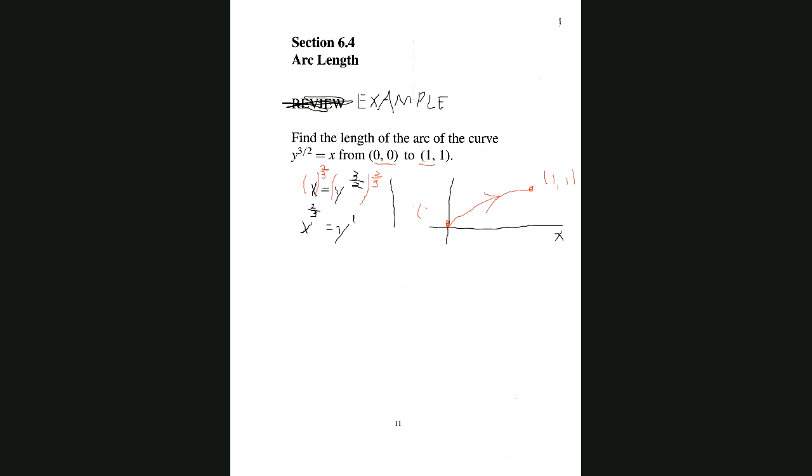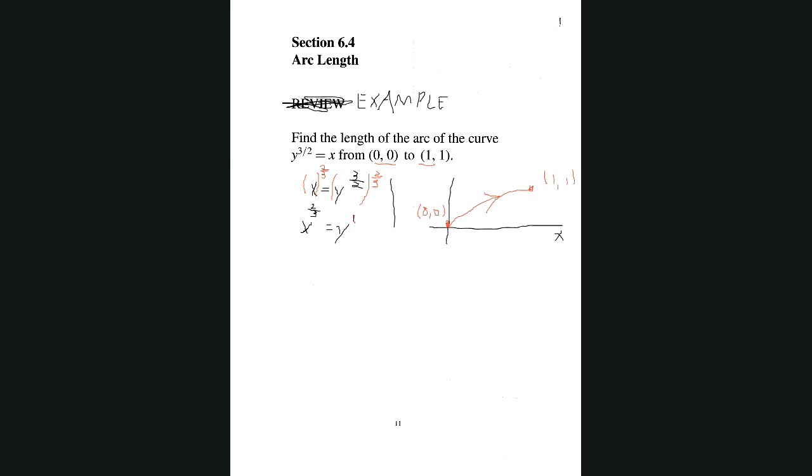But there's something about this problem that makes it a little different from the last two that we did. What makes the problem different? What's missing that you saw in the other problems?